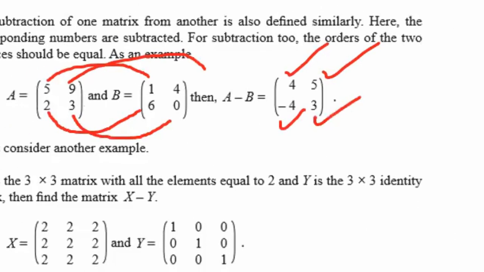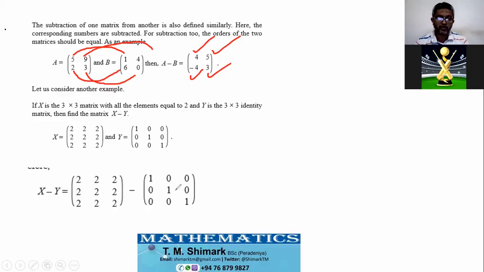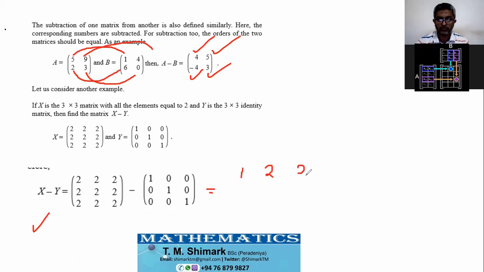So that's how we do it. Right, can we find out X minus Y, how much is it? And we have to put a bracket like this, that's all.